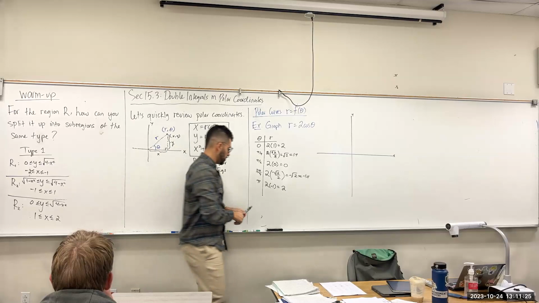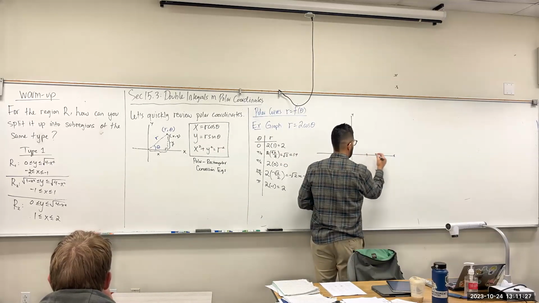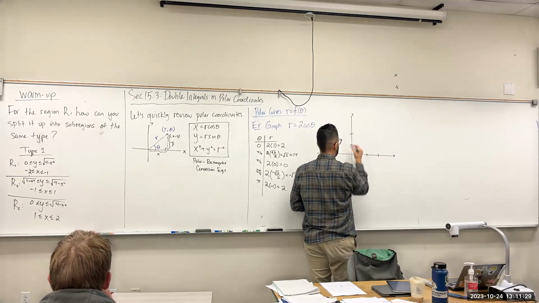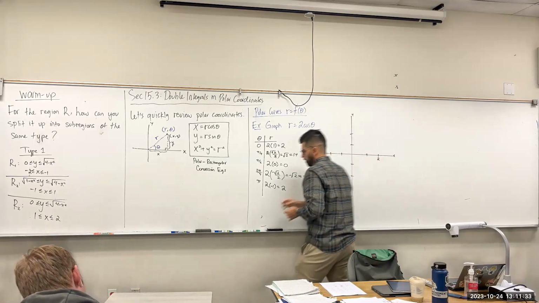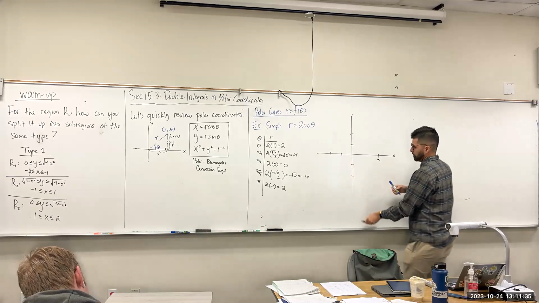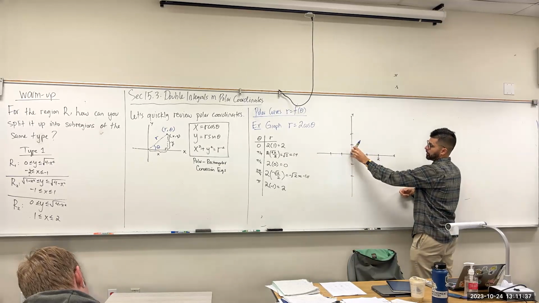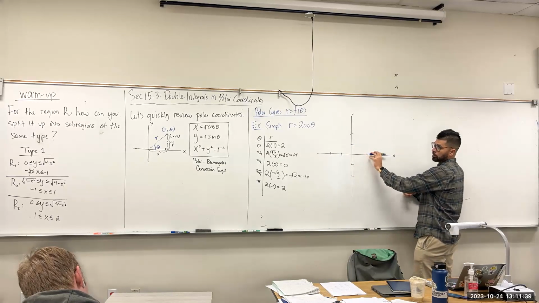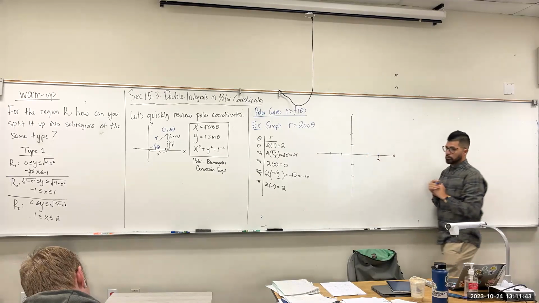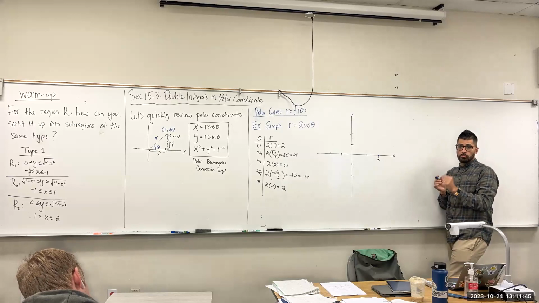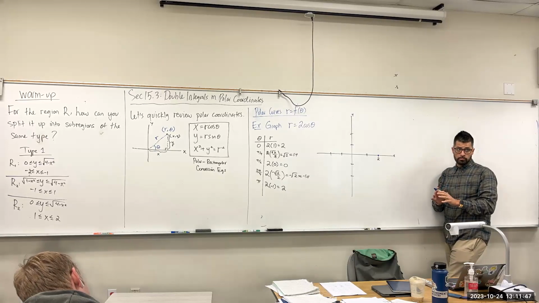So let's say this is 1, 2. So if my laser is pointing 0 radians from here, and then I stretch it out 2 units, that's going to give me this point right here. That's 0, 2 in polar coordinates.